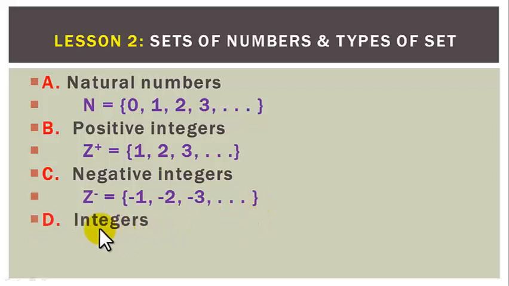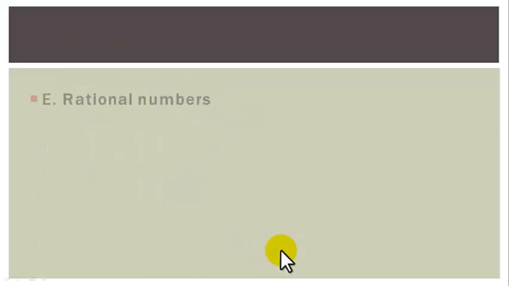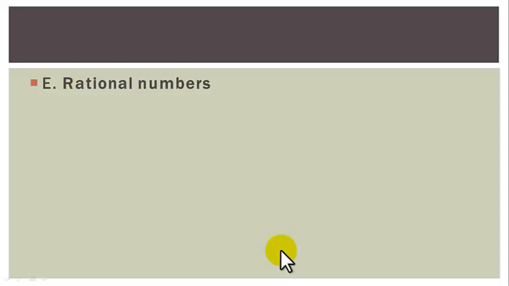D. Set of integers. This set is denoted by Z, and it consists of the elements 0, plus or minus 1, plus or minus 2, plus or minus 3, and so on. E. Set of rational numbers.